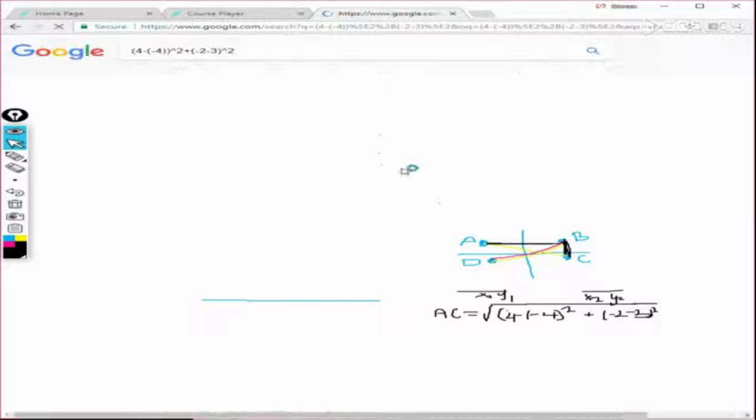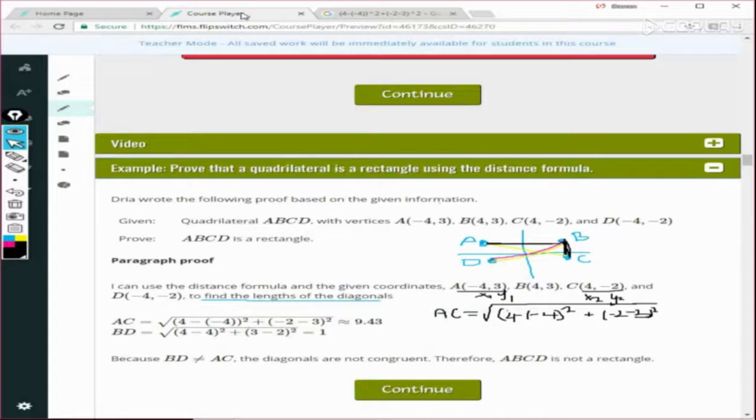That's why I say quantity, because that means it's what's inside the parentheses. That is coming out to equal 89.